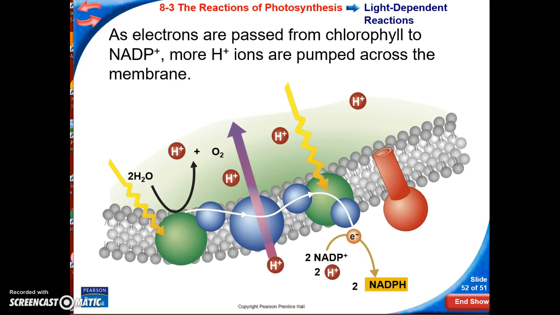So as electrons are passed from the chlorophyll to NADPH, and I'm going to say from the electron transport chain to NADPH, more hydrogen ions are pumped across the membrane. So again, remember I said we have this building up here of hydrogen protons.